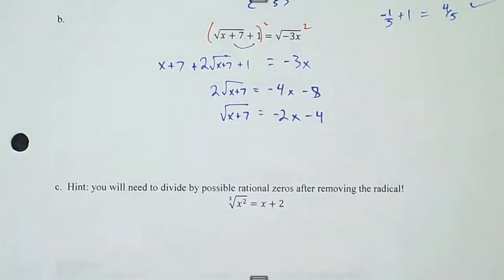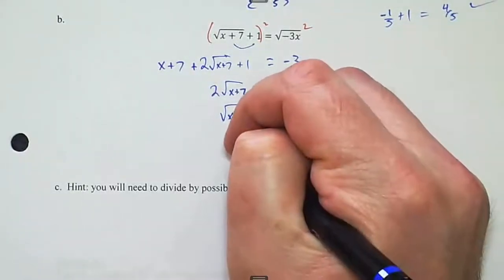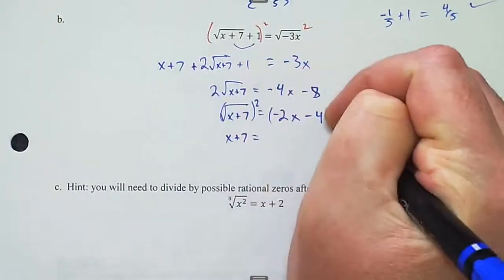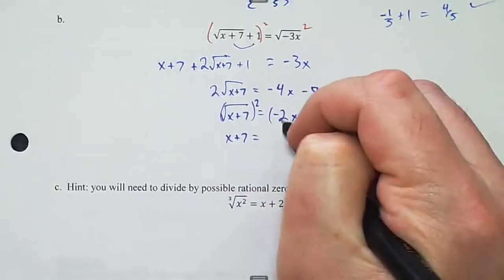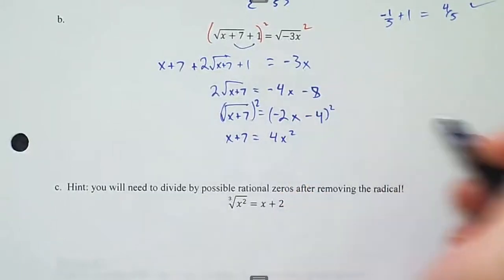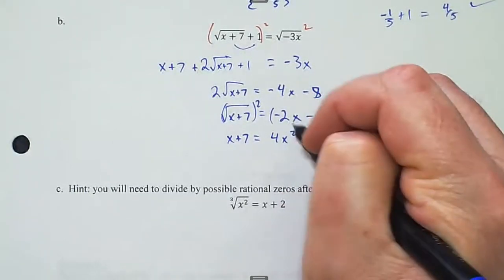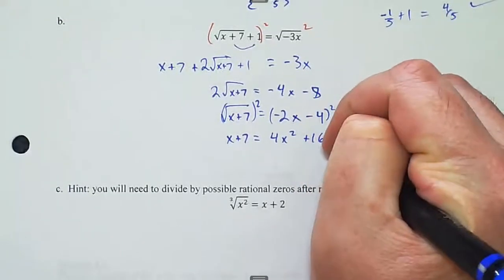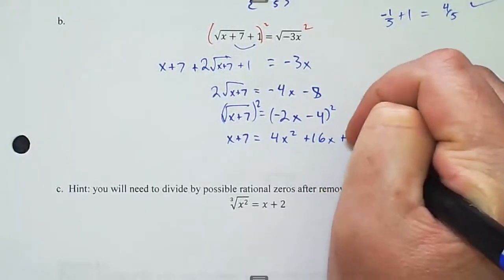Okay. Now I'll square both sides again. I get x plus 7 equals 4x squared. Then multiply these two together and double it. That'll be a positive 16x. And then square the negative 4 to get plus 16.